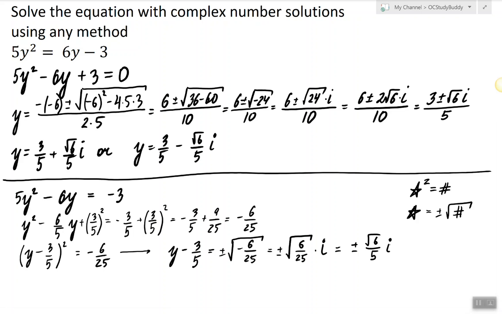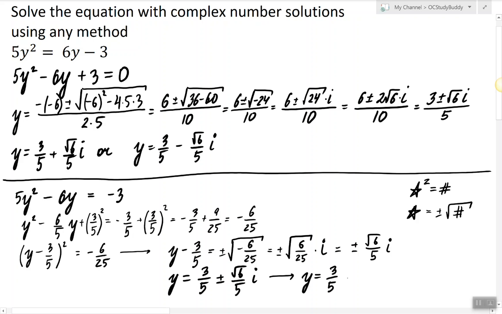And therefore we have two equations now, which we solve by adding 3/5 to both sides. So after I add 3/5 to both sides, I get 3/5 plus minus square root of 6 over 5 i, and that means that we actually have two solutions.